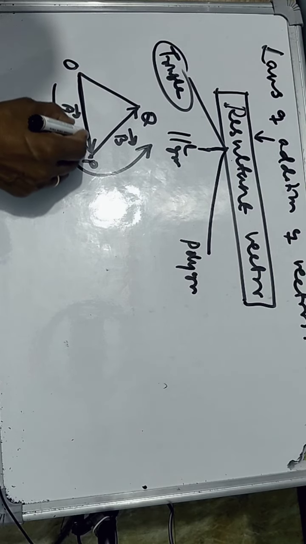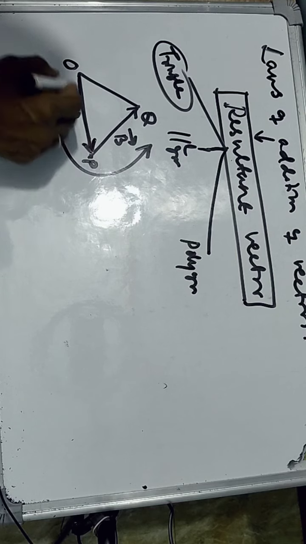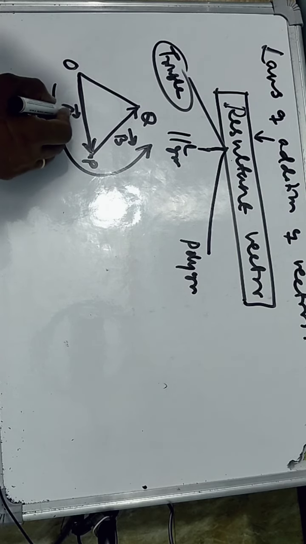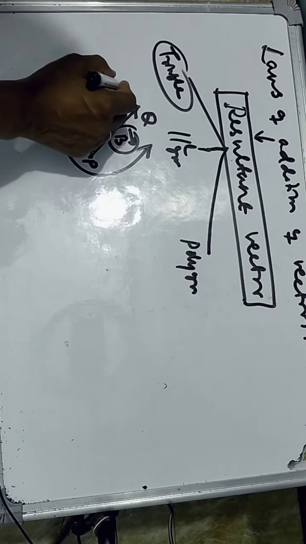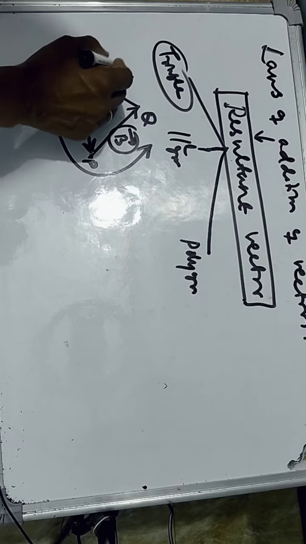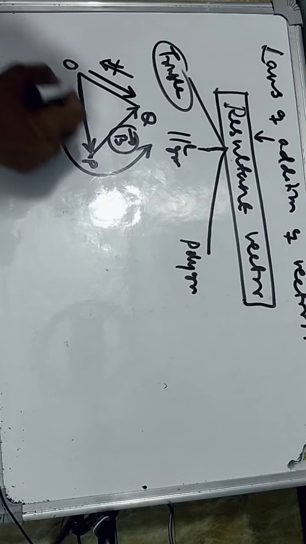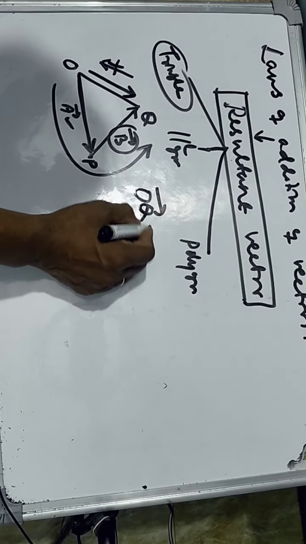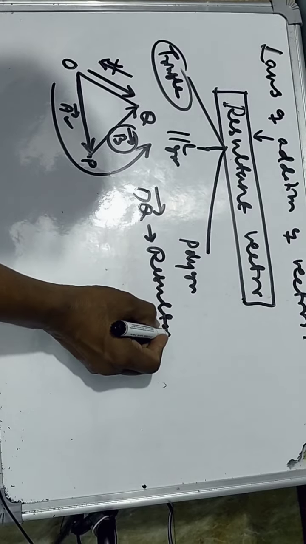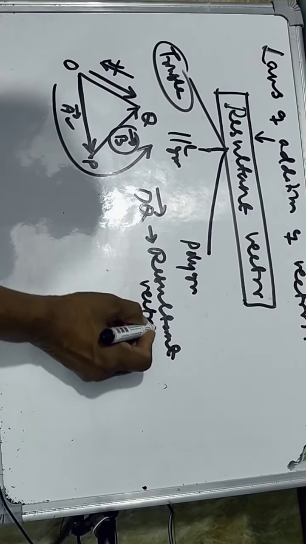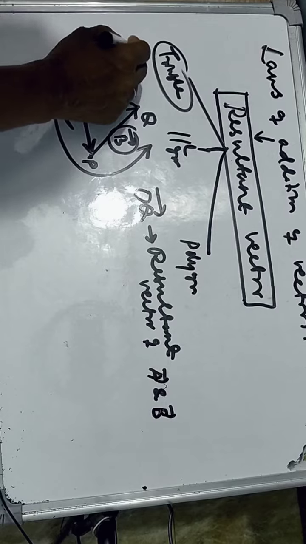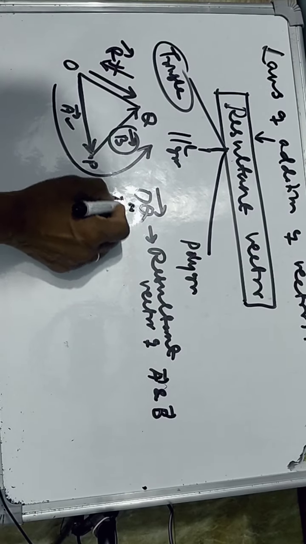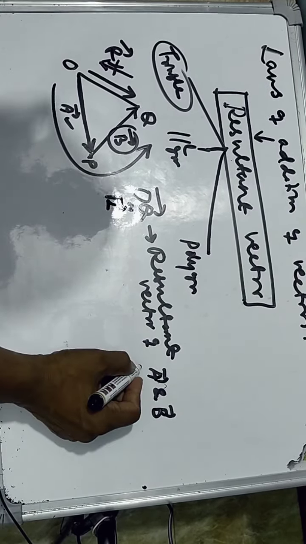If we have chosen order anti-clockwise, it will start from O to P, this vector A, then P to Q is vector B. Order will be Q to O, but in opposite order, the OQ represents the resultant vector of A and B, let it be R. Vector A is OP, vector B is PQ.